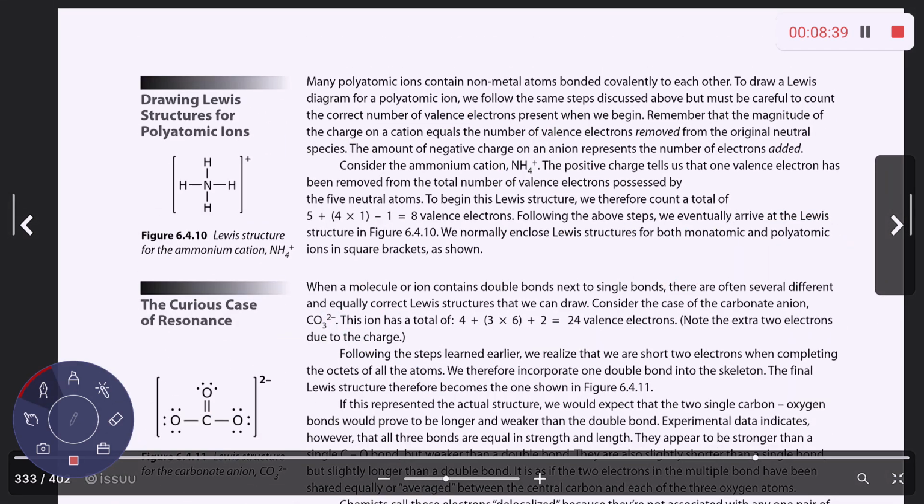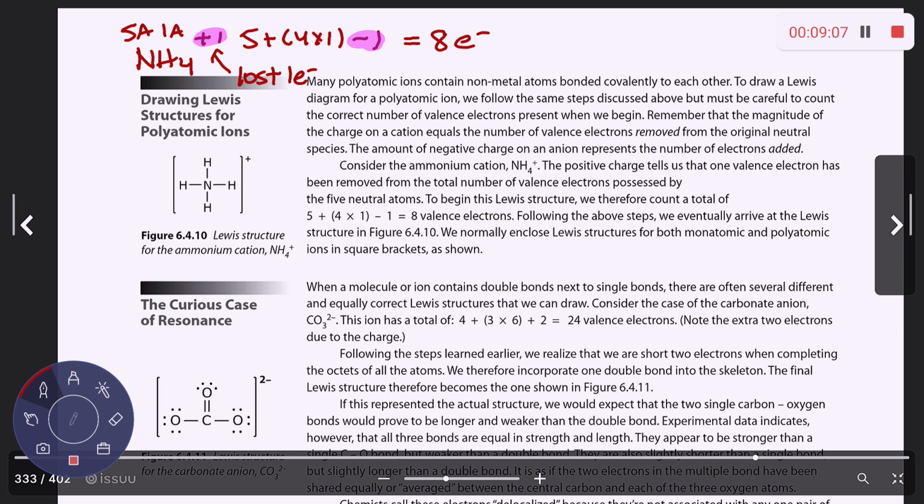So ammonium is NH4 plus 1. So you've got 5A and 1A. So 5 for nitrogen, 4 hydrogen and 1A, subtract 1 valence electron from the total because of this plus 1 charge, which tells you that you lost 1 electron. So that means we have 8 electrons total to work with.